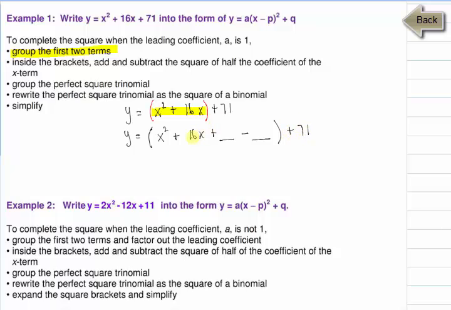So we're going to complete the square here. Half of 16 is 8, and 8 squared is 64. The reason why we add a 64 and minus a 64 is because plus 64 minus 64 is 0. It does not change the overall value of our quadratic.